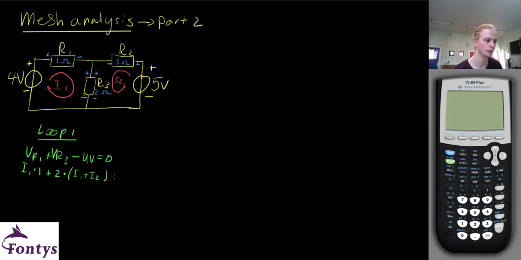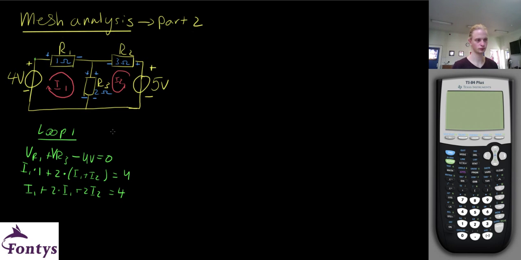And just to make the algebra look a bit better, I'm going to get the 4 to the other side. So I'm going to add 4 to both sides of the equation, and I get a 4 on the right side. Okay, now we want to get rid of the brackets. So you get I1 plus 2 times I1 plus 2 times I2 equals 4.